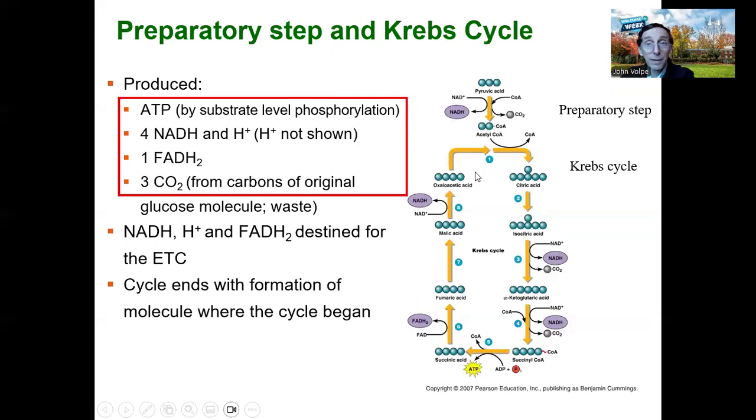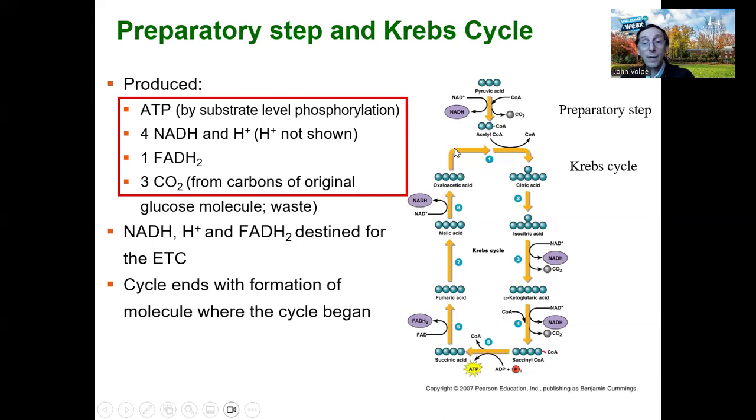The Krebs cycle shown here, where acetyl coenzyme A comes into the Krebs cycle, combining with oxaloacetic acid, making this molecule, which is citric acid, why it's called the citric acid cycle sometimes, but we'll call it the Krebs cycle, which is converted into this molecule, converted into that molecule, converted into that molecule, converted into that molecule. And this is where we make ATP in the Krebs cycle, converted into that molecule, converted into that molecule, and then converted back into oxaloacetic acid, which is why we call this a cycle.